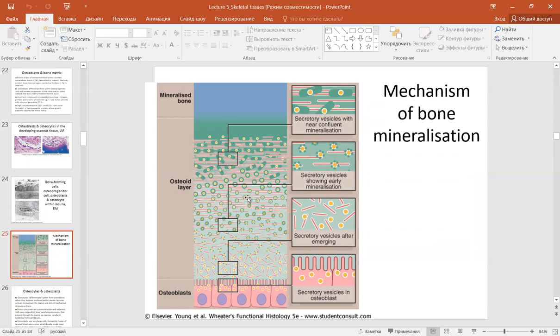The accumulation of calcium phosphate or calcium hydroxyapatite crystals is advancing and developing. Secretory vesicles show early mineralization, then secretory vesicles in near confluent mineralization, and then mineralized bone, which consists of hard extracellular matrix, due to the 70% of calcium hydroxyapatite crystals present in the bone tissue.